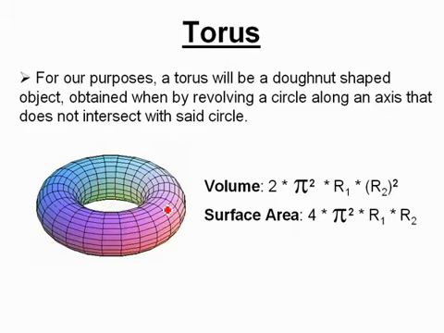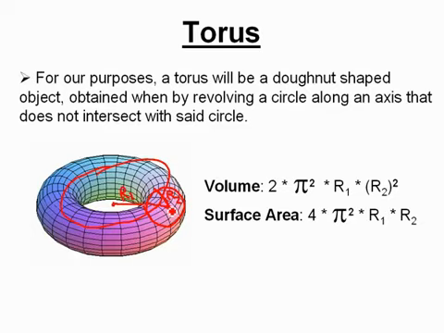R2 is simply, take any circle. So we'll say we're taking this circle here. From the center to the circumference, that's R2. Meanwhile, if you're using this big circle out here, from the center to the center of the torus is R1.